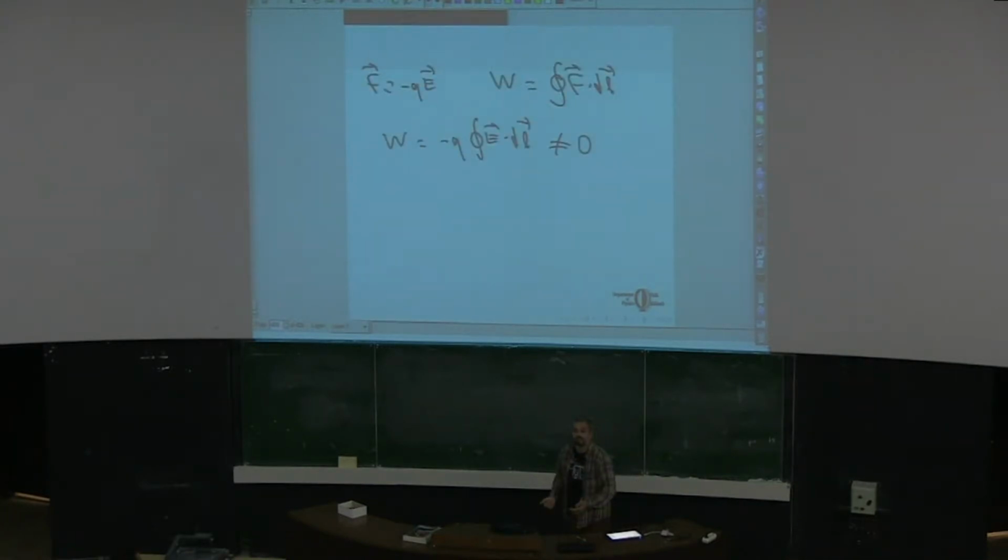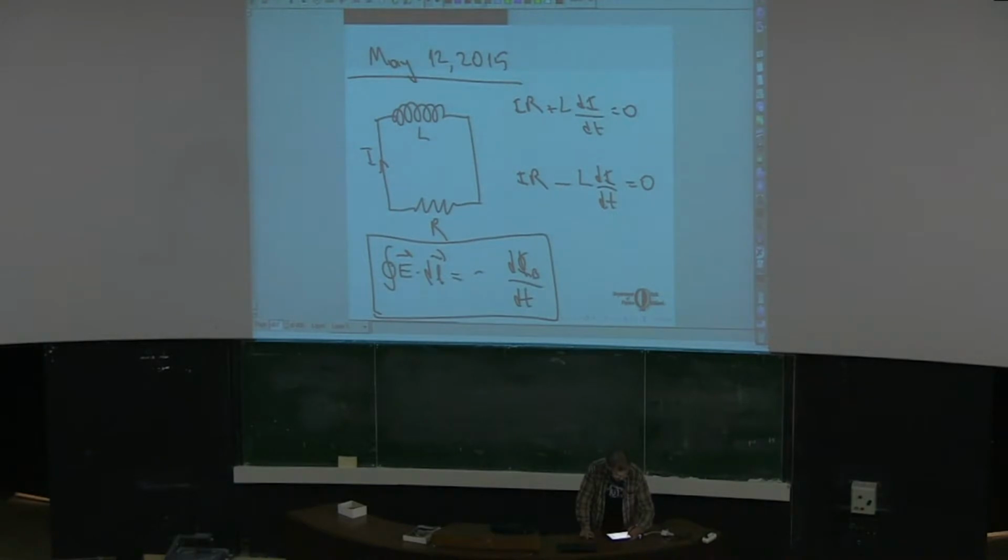Now, of course, since the charge is not getting any acceleration, the work that we have done should be dissipated somehow. The work that we have done per unit charge is minus E dot dl. And this has to be equal to minus L d minus I by dt. Now, why minus I? Because we are going around the loop in that direction, so we have this minus I.